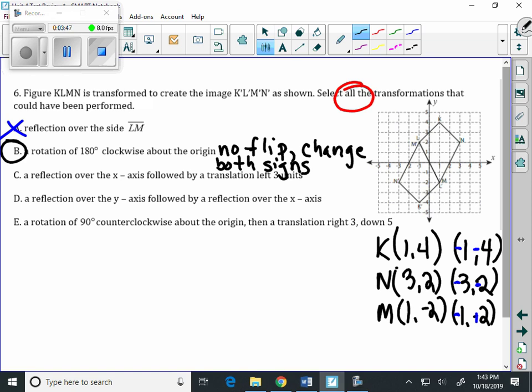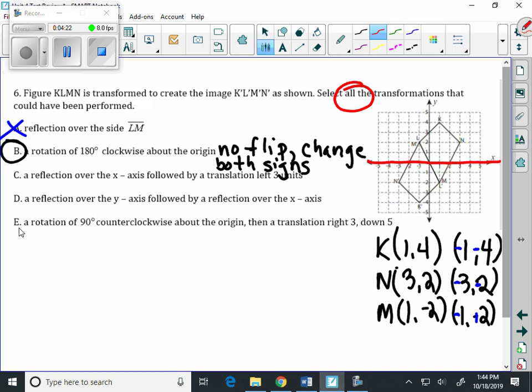Letter C says a reflection over the x-axis followed by a translation of left 3 units. Let's start with K again. And the ordered pair for K is 1, 4. And actually, I don't even really need to write down the ordered pair, but I do need to go back up here and mark the x-axis. So here's the x-axis. It's a slight bit off there.